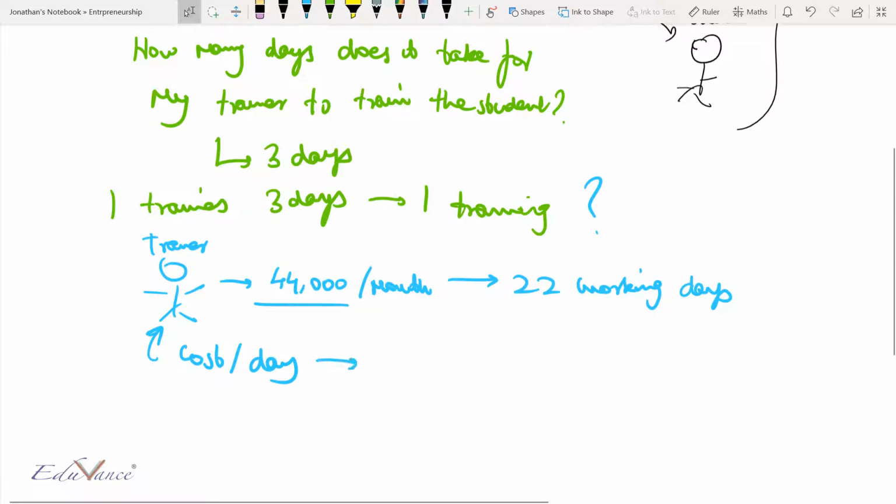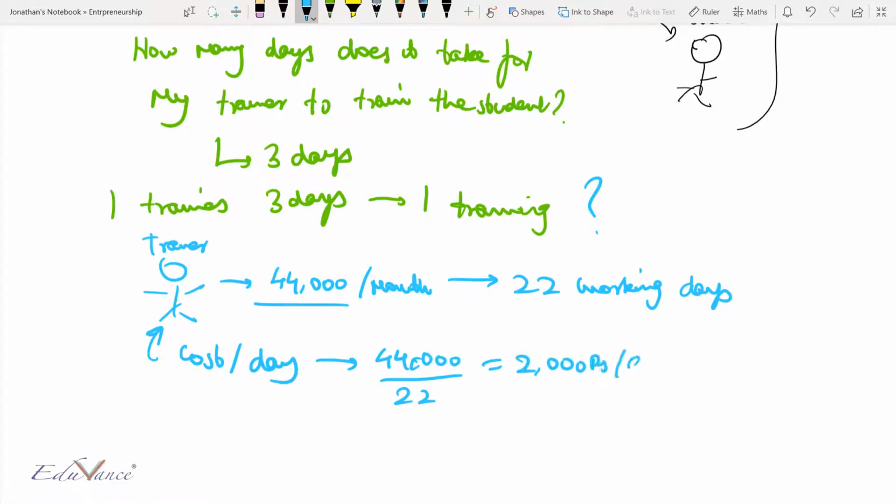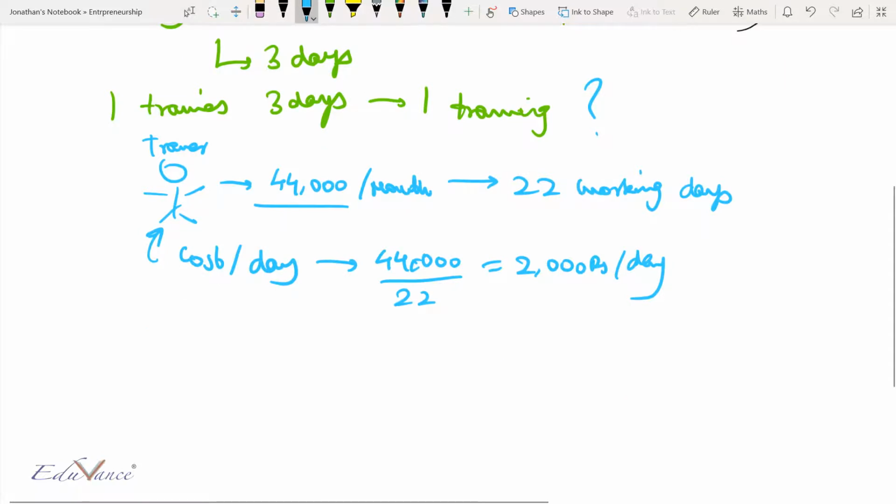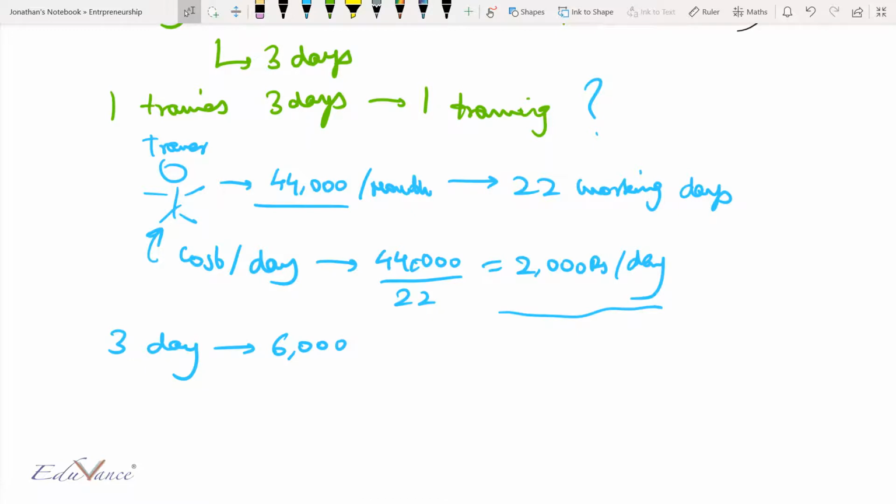The cost per day would be 44,000 divided by 22, that is 2,000 rupees per day. So if my cost of my trainer is 2,000 rupees per day, then for a 3-day training program, my cost is 6,000 rupees per training program.